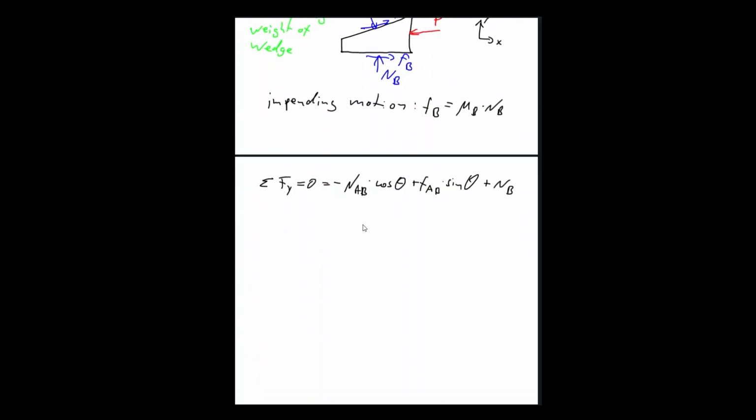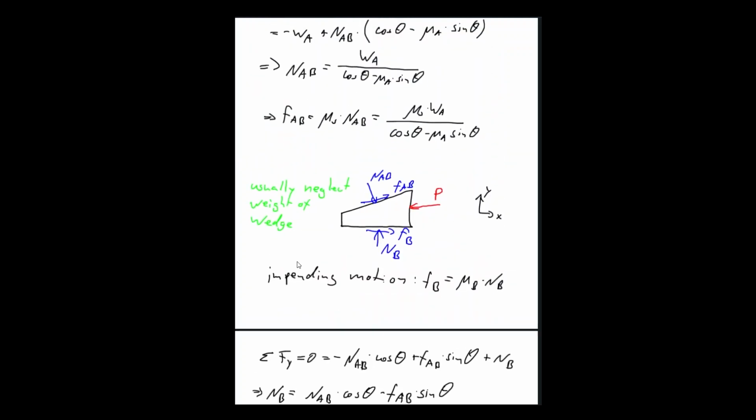All right, so with that, we can solve for NB because we know everything else. That means NB is equal to, that was negative, now it's positive, NAB times cosine theta minus FAB times sine theta. And then we already know what NAB is. That was up here.